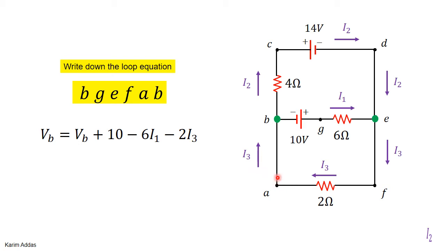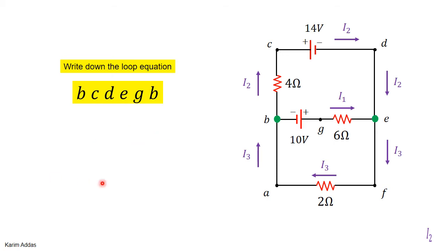Now, when I get back to point B, there's no change in potential from A to B. So I get back the potential B. So the potential now at this point is VB. So that means that VB plus 10 minus 6I1 minus 2I3 is VB. So you can cancel the VB and you get this equation, the loop equation.